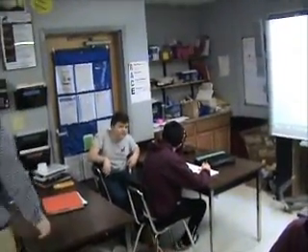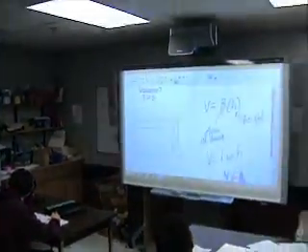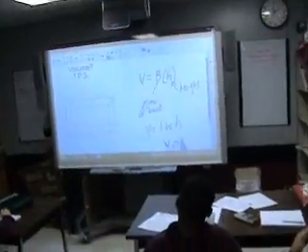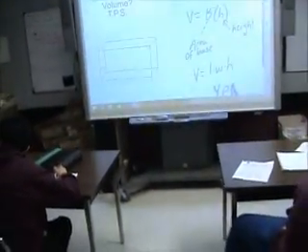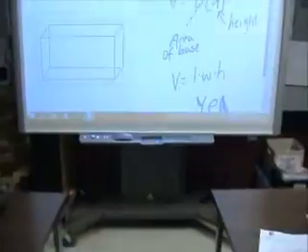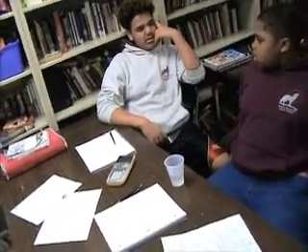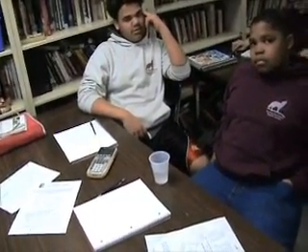Without the height? Yeah, we don't have any measurements over there. How can we find the measurements? Yeah, use a ruler. What do you got? Do you agree with what he said? Okay. What you're going to do?